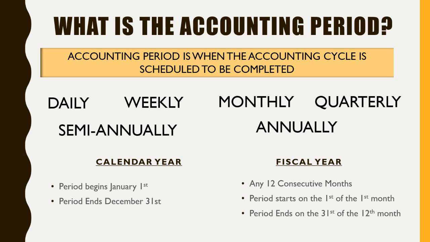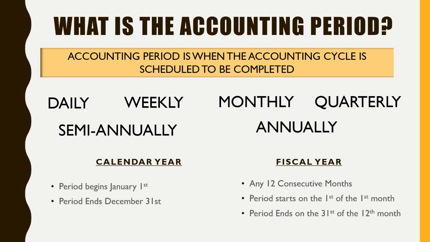Do you want to complete it every day, every week, every 6 months, every month, every quarter, every year? The accounting period is basically when you schedule to complete the accounting cycle, so all 10 steps.